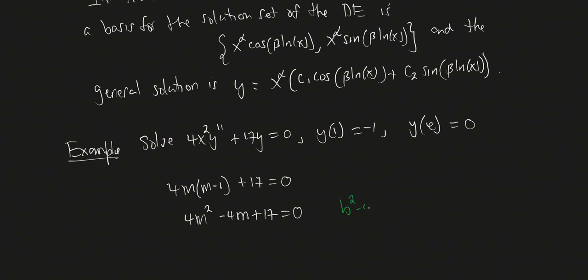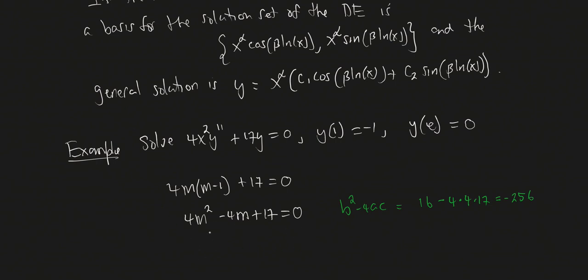So our b squared minus 4ac, that's going to be 16, that's b squared, and then minus 4 times 4, and then times 17. So you definitely see that you're going to get something negative. In fact, it works out to be negative 256, right? So we know that we're in our case 3.